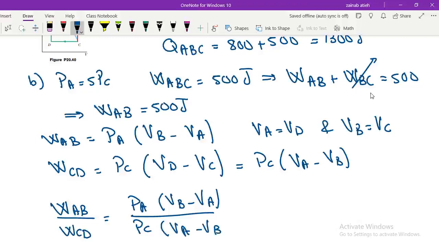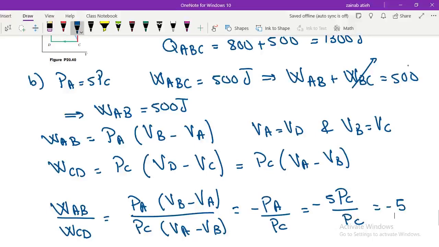So these two brackets are multiplied by a minus sign, so there remains minus PA over PC, and I already have a relation between PA and PC. I will get minus 5 PC over PC, which is equal to minus 5.